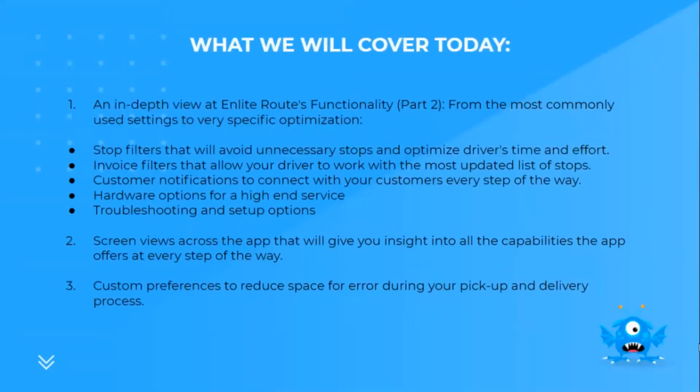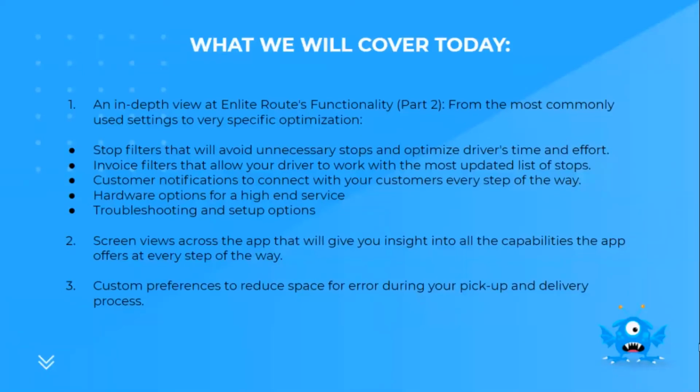What we will cover today is an in-depth view of Enlite Routes Functionality Part 2. This will be from the most commonly used settings to the very specific optimization. Stop filters that will avoid unnecessary stops and optimize drivers' time and effort. Invoice filters that allow your driver to work with the most updated list of stops.